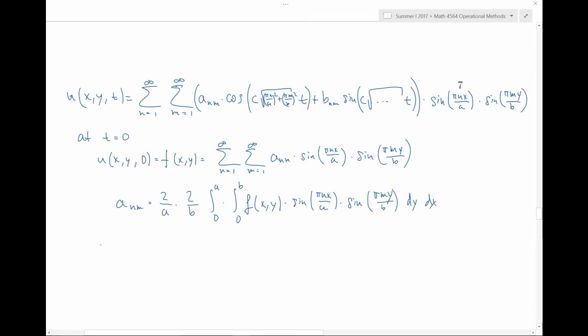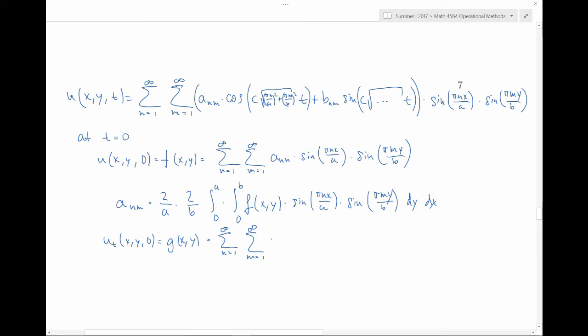For the b coefficient we have to use the second condition, which is u t of x y 0 was g of x y, and that's the sum as n goes from 1 to infinity times the sum of m going from 1 to infinity. Now I have to differentiate this with respect to t. Now I do know that the cosine is going to differentiate into negative sine, and then when I plug in t equals 0 it's going to disappear.